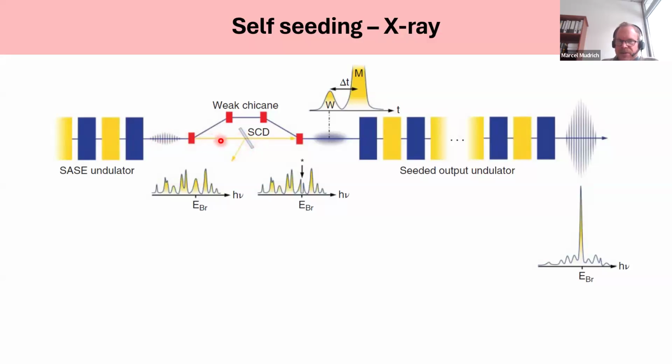Of course, the light just goes through straight and is then superimposed with the electron bunch that moves around the corner, and with a proper delay between the X-ray pulses and the electron bunches, the two are superimposed inside the second undulator, and then the actual cleaned up X-ray pulses are being amplified in the end.